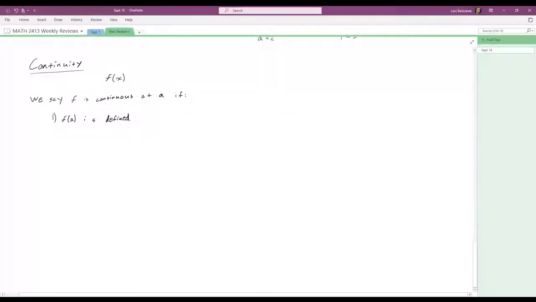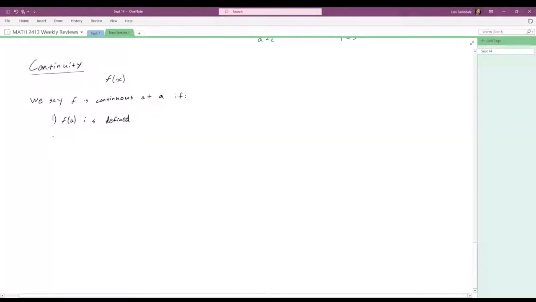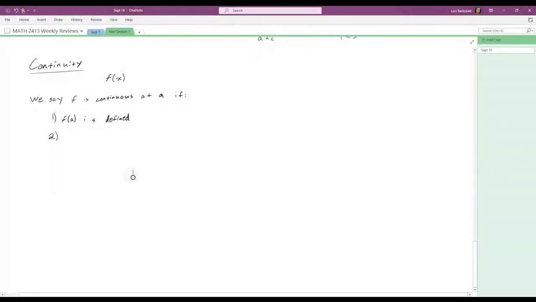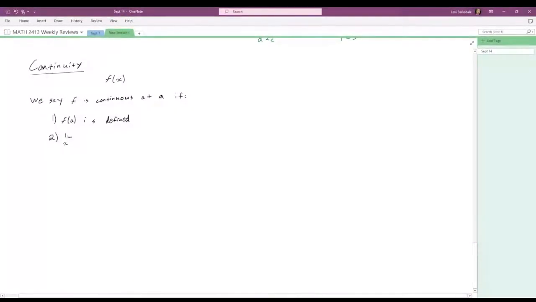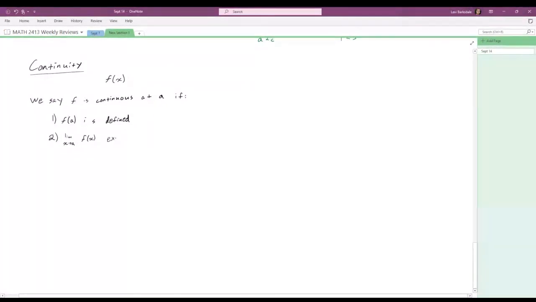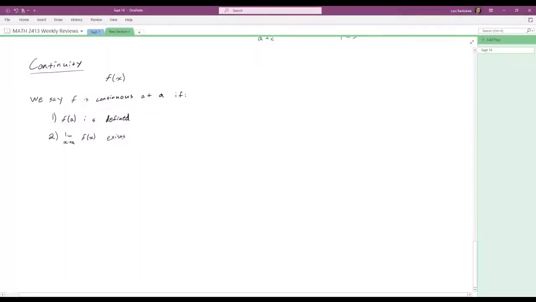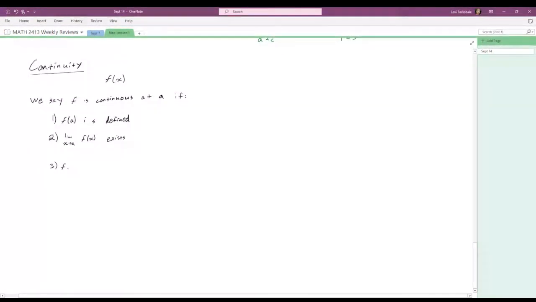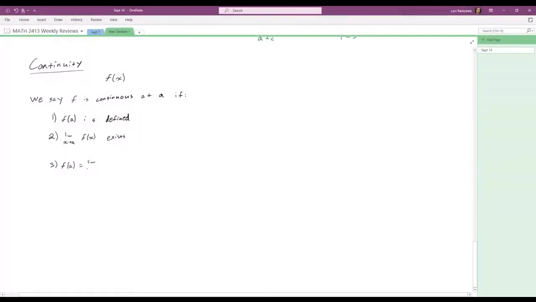If I ask you what f of a is and you can't tell me, it's not going to be continuous. We have to have a defined function there. Second, our limit also has to exist. If our limit does not exist, then we also have a problem as well. Finally, if both of those things exist, well, the limit has a function value.